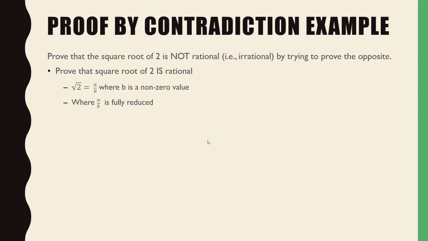In terms of odd or even, what do we know? One of them has to be odd. Very good. If they're both even, then it can still be further reduced. Does everybody see that? What if they're both odd?